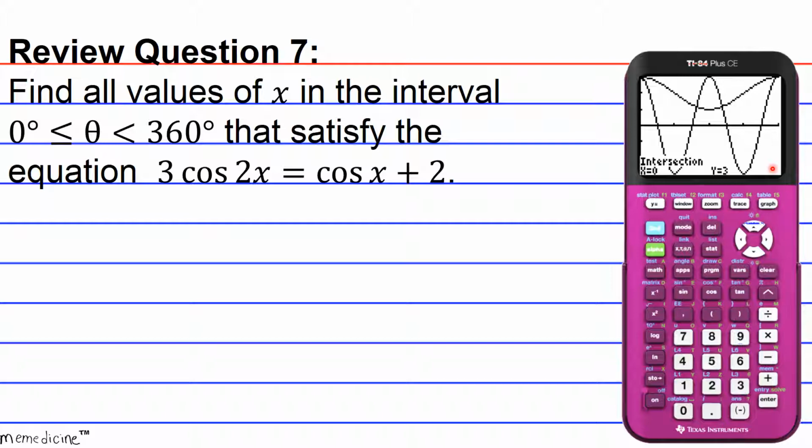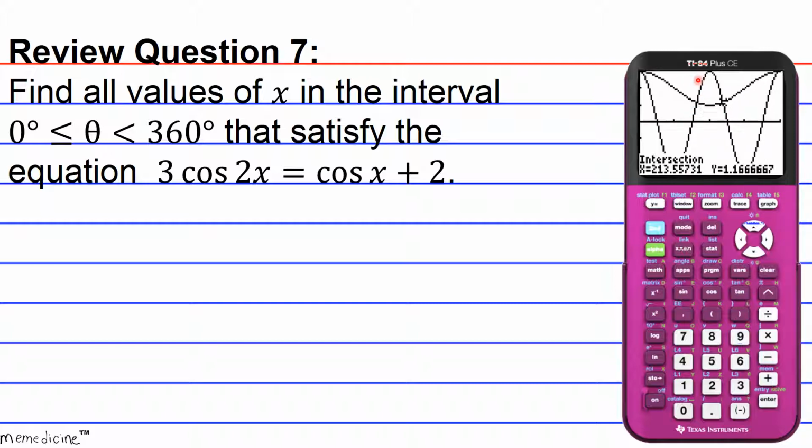So basically our solution set again is going to be 0, 146, this point of intersection over here, and approximately 214, this point of intersection right here. Okay. All right. That's it. I know this was very long-winded.